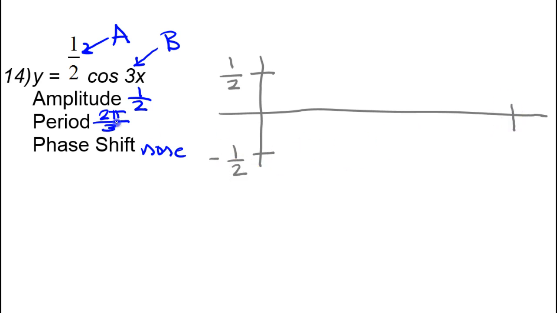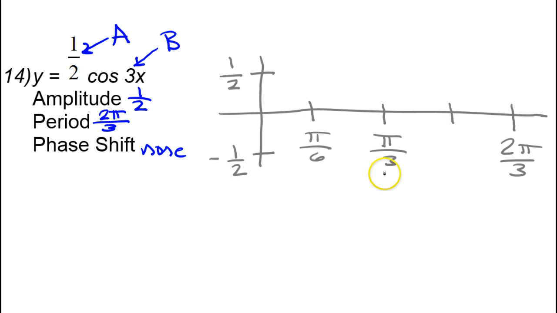The period is 2 pi over 3. If this is 2 pi over 3, then halfway should be 1 pi over 3. All right, 2 of them, half would be 1 of them. And then half of that, half of pi over 3, is pi over 6.